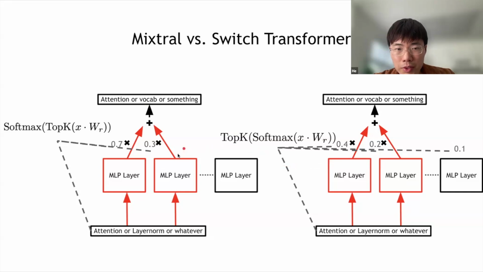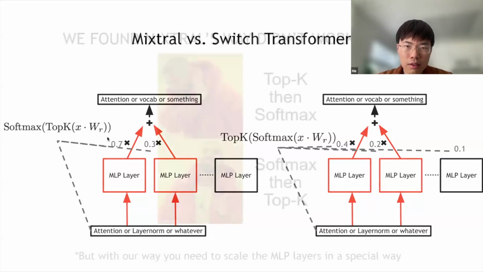Another problem we see with the left style is that your probability distribution is changing across training, across different input data. On the right, the probability distribution is always measured over all of the experts, but on the left this changes dynamically given which experts are activated, which is harder to learn. Got it. So this makes it easier to learn as well because it's more consistent. Yes. Makes sense.